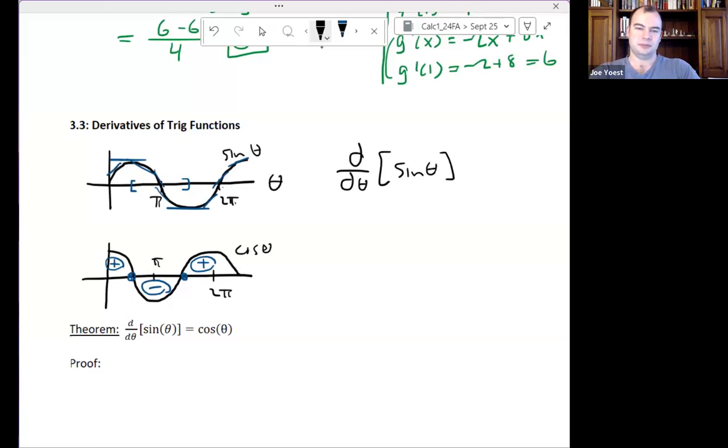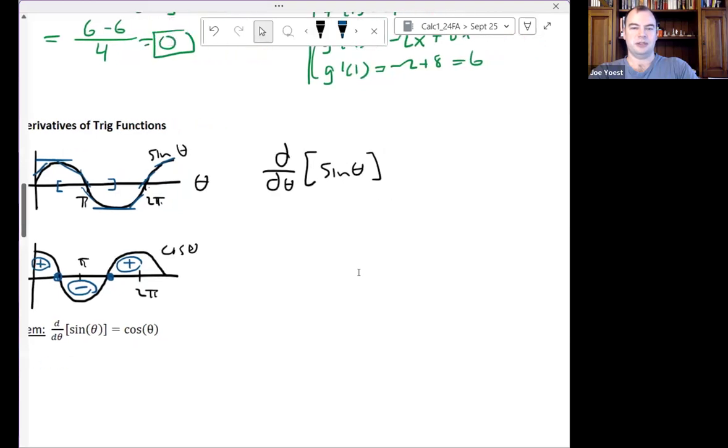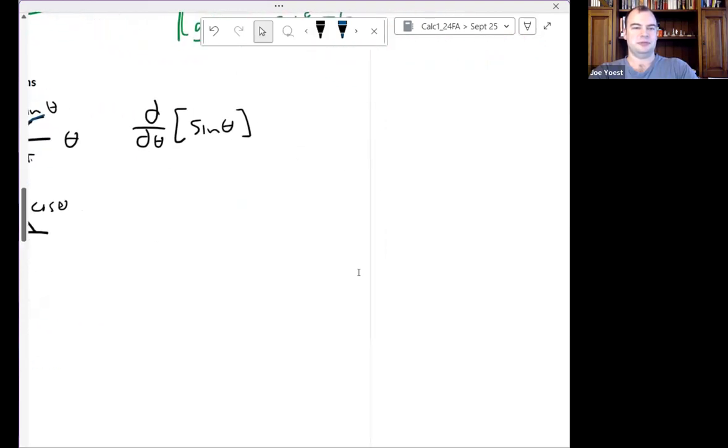Okay, now that I have this idea, let me see if I can prove it. So let's come over here and look at the derivative of sine theta. By definition, what is it? It's the limit. Since we're in a geometric context, instead of using h, I'm going to use delta theta. You can write h if you prefer, but it's a little more usual to see delta in the geometric context.